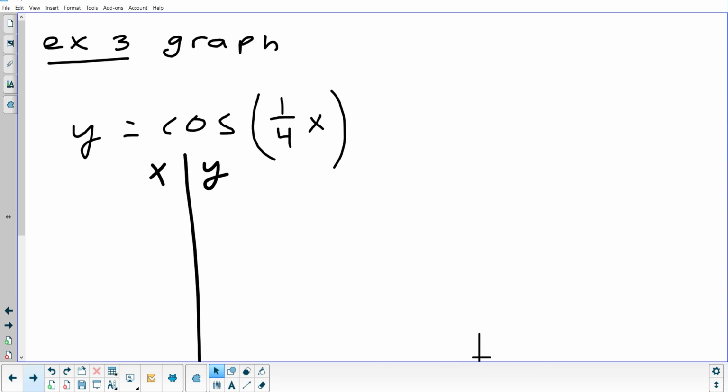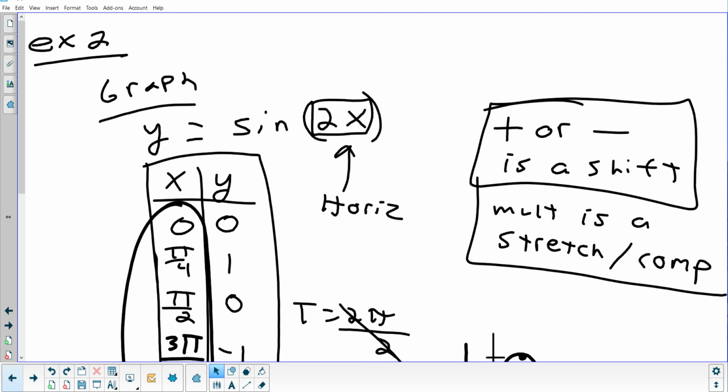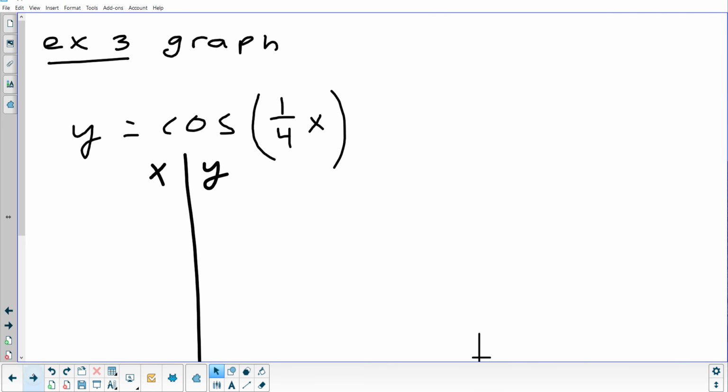Something's happening inside the parentheses, so it's definitely horizontal. Now we need to be more specific. Can somebody tell me exactly what's happening inside? So we're trying to think about it like arithmetic. What math arithmetic are you doing? Multiplication. Multiplication is always a stretch or compression. And as Desiree said, it's inside the parentheses, so that makes it horizontal.